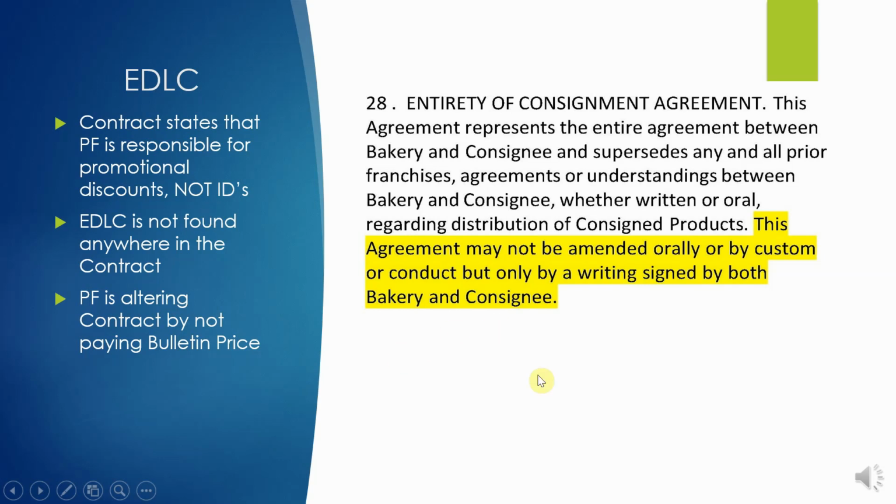Did any distributor sign anything saying that they would accept payment other than bulletin prices? What else is Pepperidge Farm doing, such as scam-based trading, that is not referenced in the contract? Again, it should not matter because distributors are paid by bulletin prices.